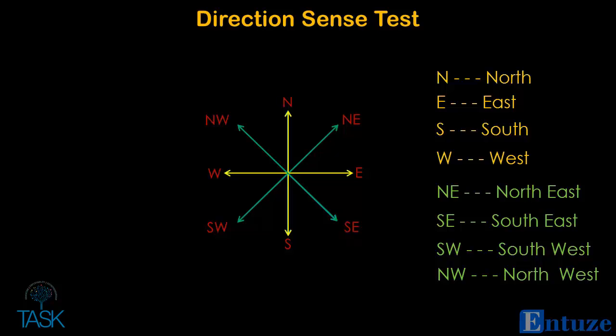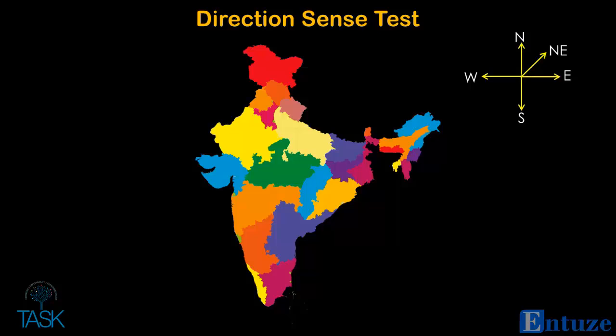One way to remember the directions is to observe the map of India and then identify the states that are located in the respective directions. For example, let us identify the states that are located in the south of India.